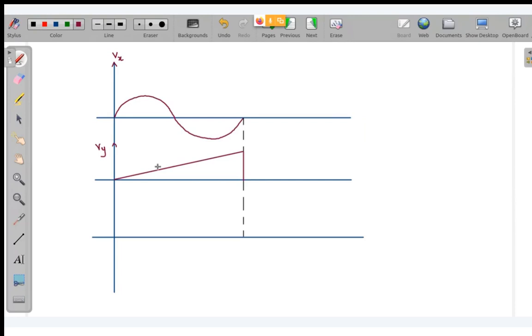Can we reproduce this exact signal? Reproduce in the sense like one on vertical axis and one on horizontal. I am not able to hear you, Nitish. Your voice is breaking. Sir, I was telling that reproduce. Sorry. Huh?